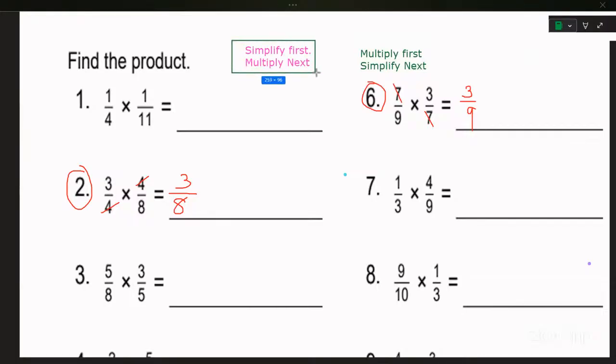This method is preferred. Note it down. Okay, this method is preferred. Why is this preferred? Tell me. Because it's easier.